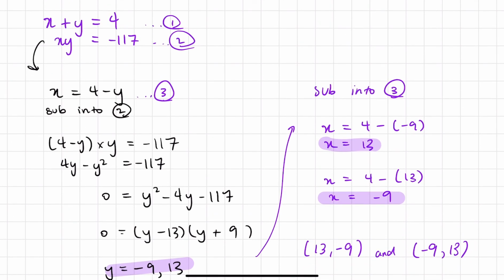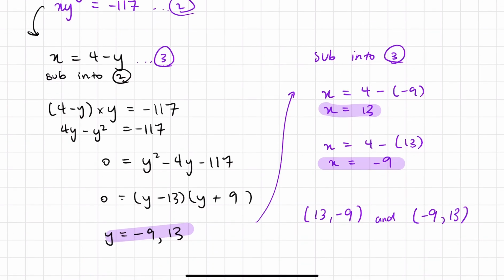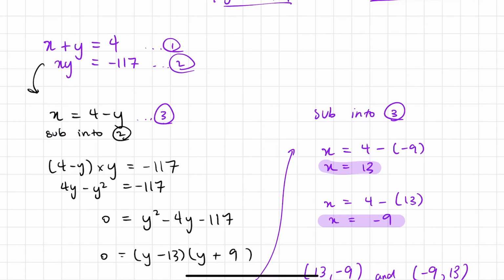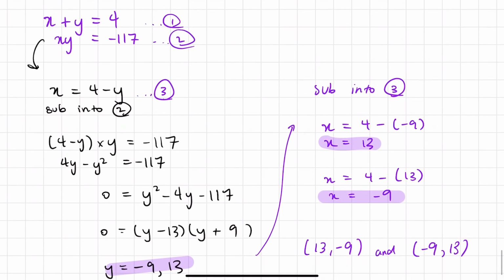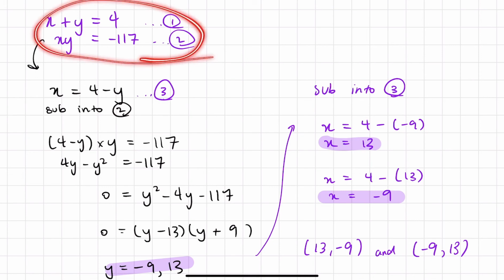The one last thing I'll add to this question is, how can we actually get two answers? In the previous question, we only got one coordinate, an x coordinate and a y coordinate. But in this question, we have two different points. Basically, it's because of what these shapes are, what's actually going on when you're solving simultaneously.